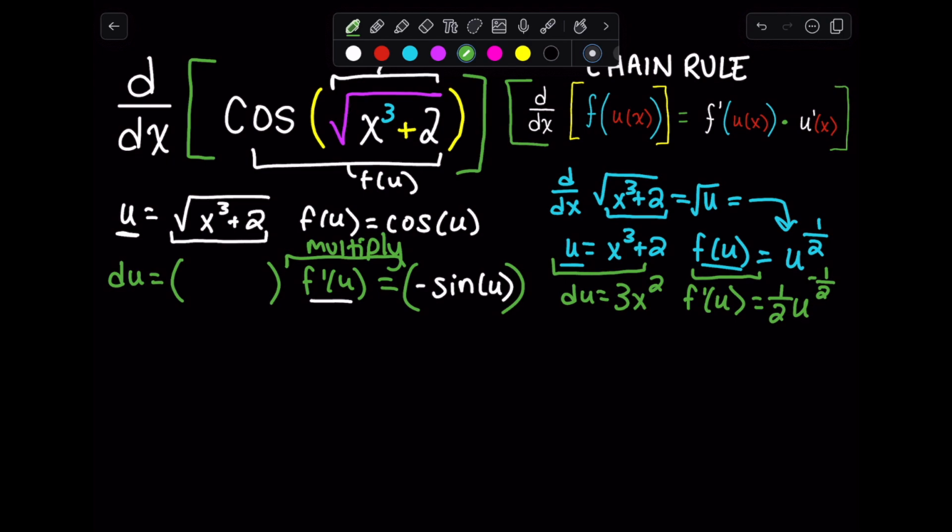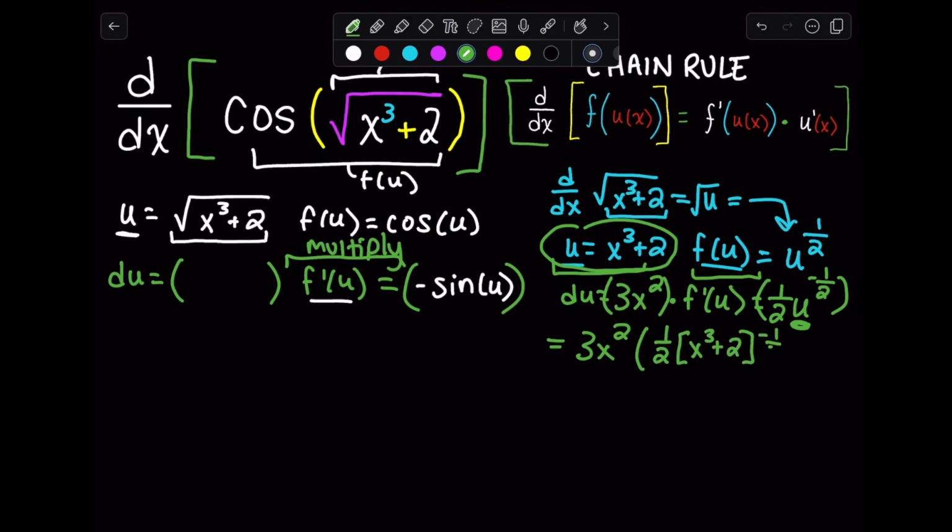But continuing on with this chain rule application, we now multiply these two values together and obtain 3x squared times 1/2, but we must plug in u here, x cubed plus 2, all to the power of negative 1/2. And just to make this easier to see, we can rewrite this solution as 3x squared over 2 times x cubed plus 2 all to the power of 1/2.